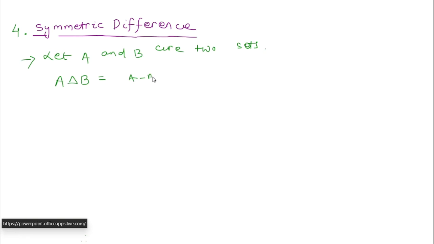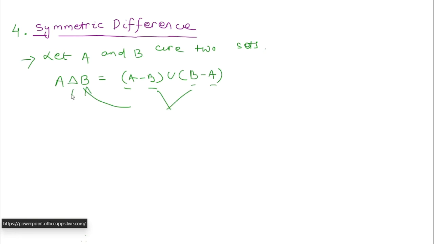A minus B union B minus A. We have studied the difference, that is A minus B and B minus A, and we also know that A minus B is not equal to B minus A. So if there are two sets given, set A and set B, we first have to find the set A minus B, and then we find B minus A. If we take the union of both sets, then we get the symmetric difference.